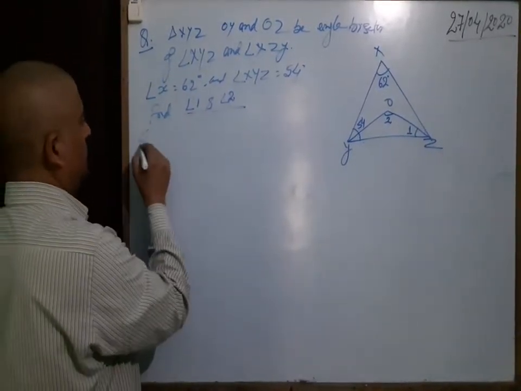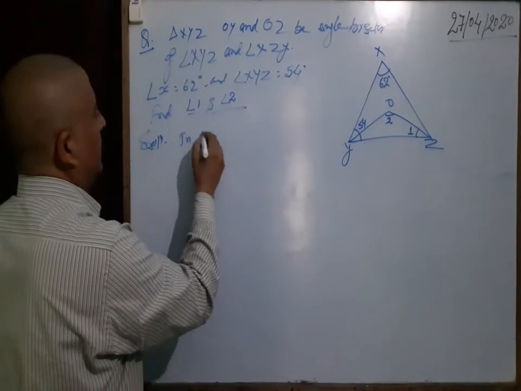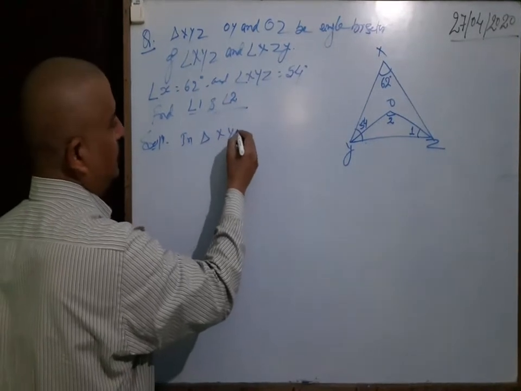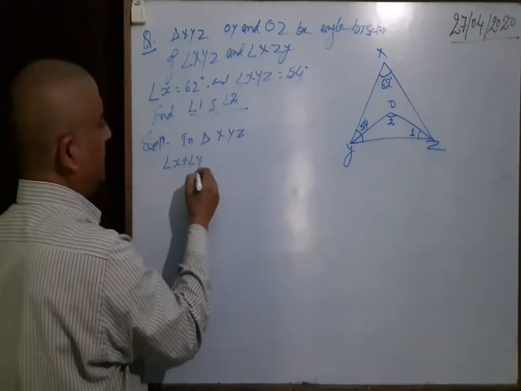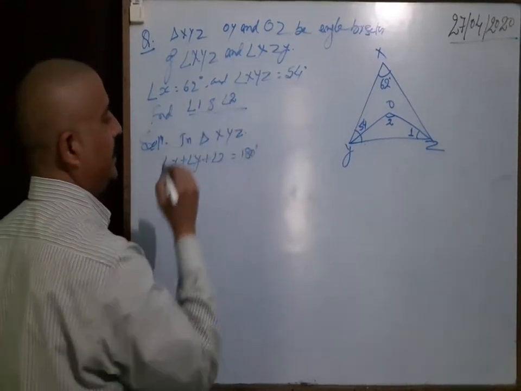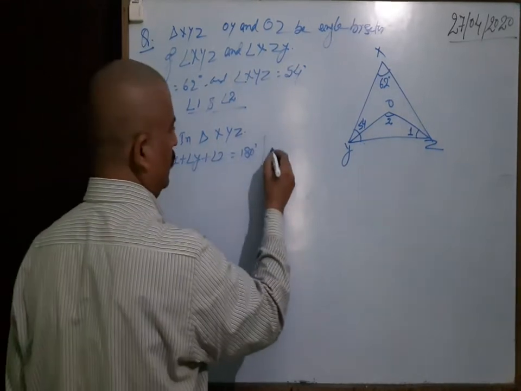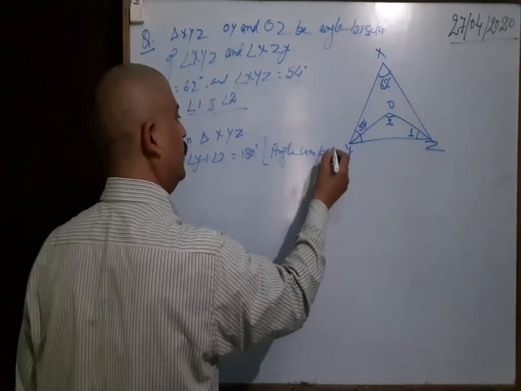So in triangle XYZ, angle X plus angle Y plus angle Z is equal to 180 degrees, by the angle sum property of a triangle.